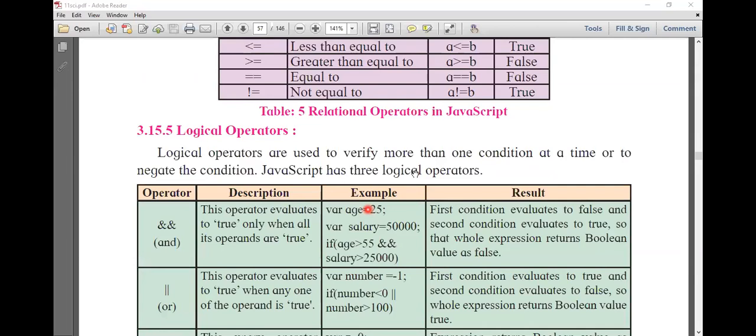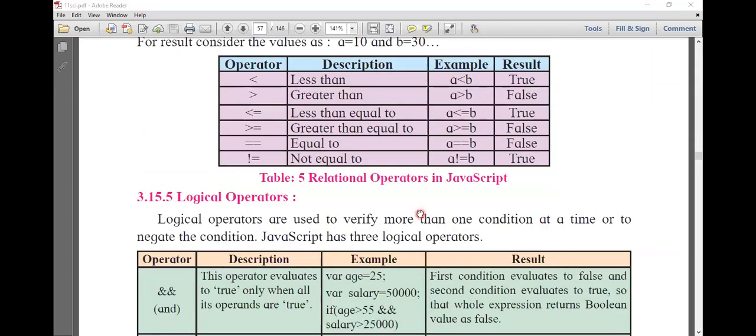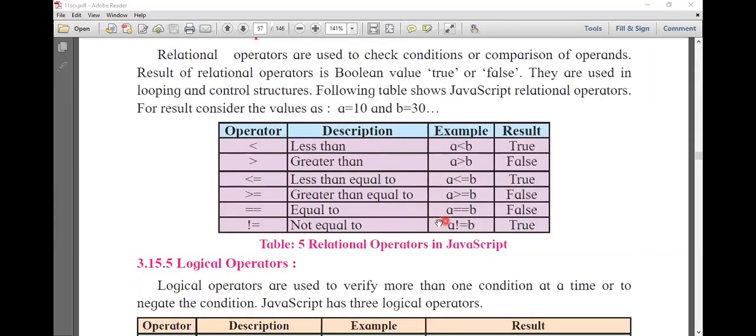Okay, as per the relational operators, I am going to ask some questions. I'm writing a question. Here A is equal to 10, B is equal to 25, C is equal to 30 and D is equal to 25.